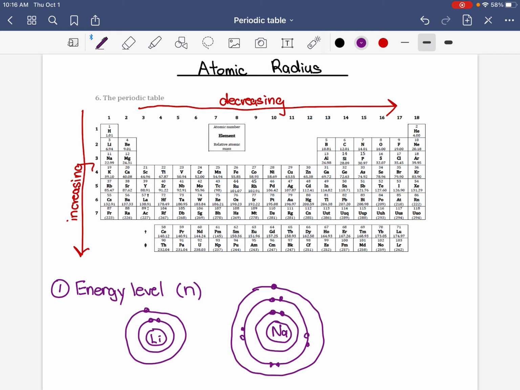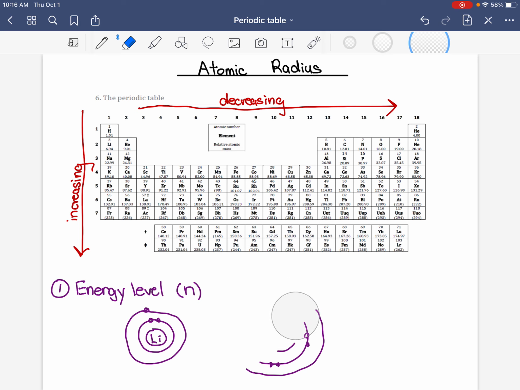What about going across the period? What about going across this way? What can you say about the energy level as you go across the period? Not surprisingly, the energy level stays the same, right? Let me get rid of the sodium.